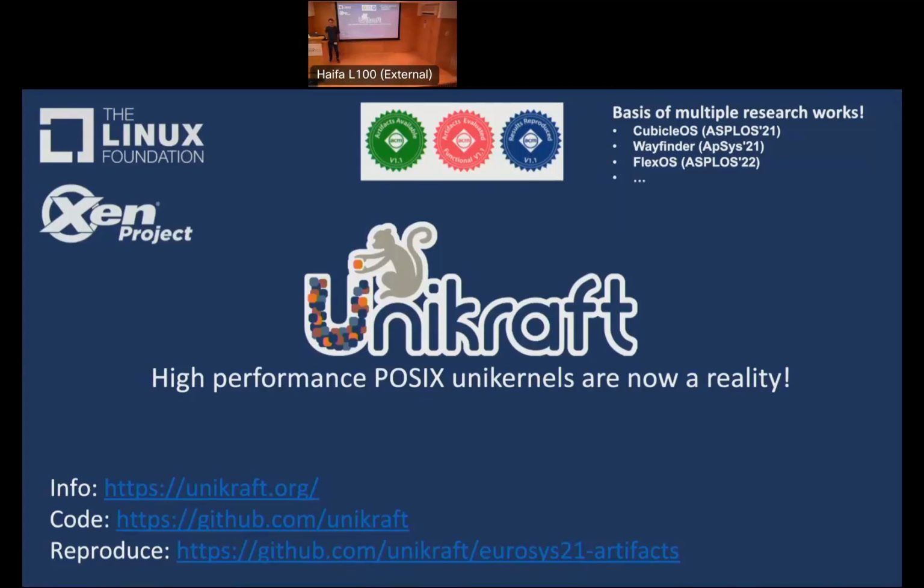Are there any open source implications, like GPL, while you are linking into your application? There is. Unikraft is BSD.